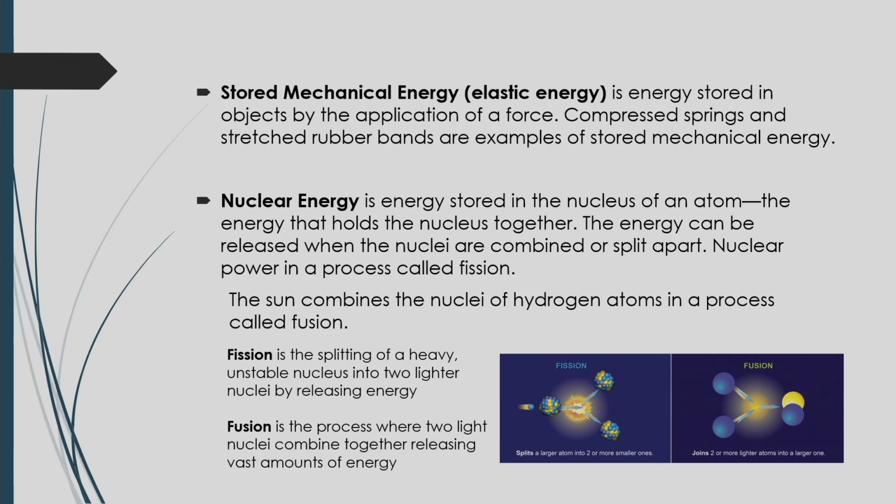Nuclear energy is also one type of energy, which is stored in the nucleus of an atom. In this case, it is the energy that holds the nucleus together, and the energy can be released when the nuclei are combined or split apart. Nuclear power plants use a process called fission.